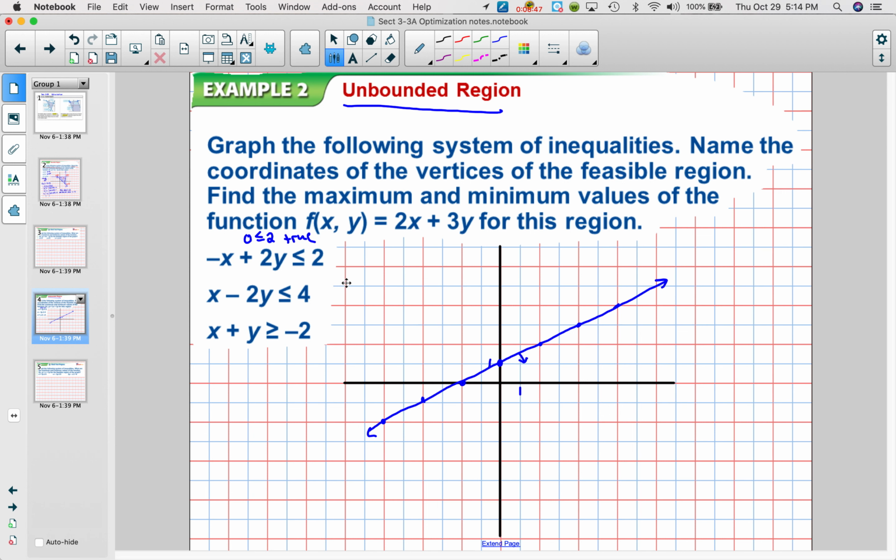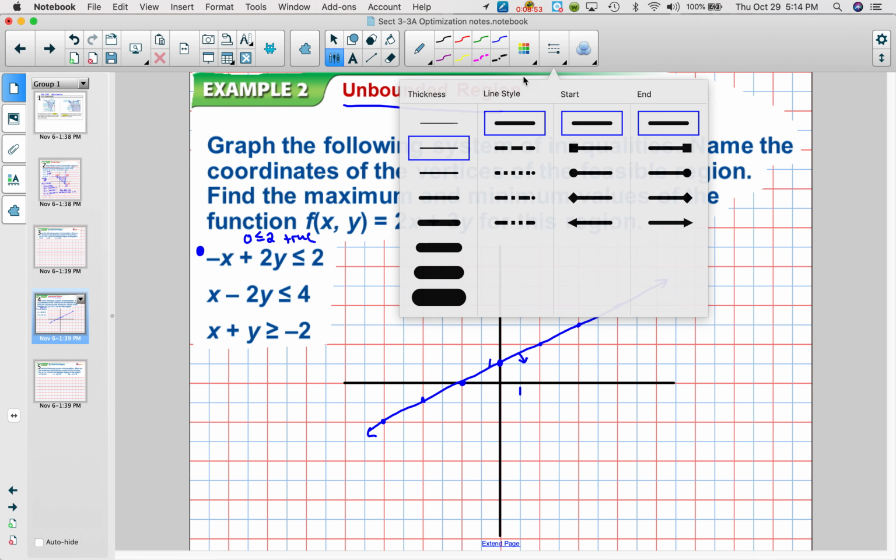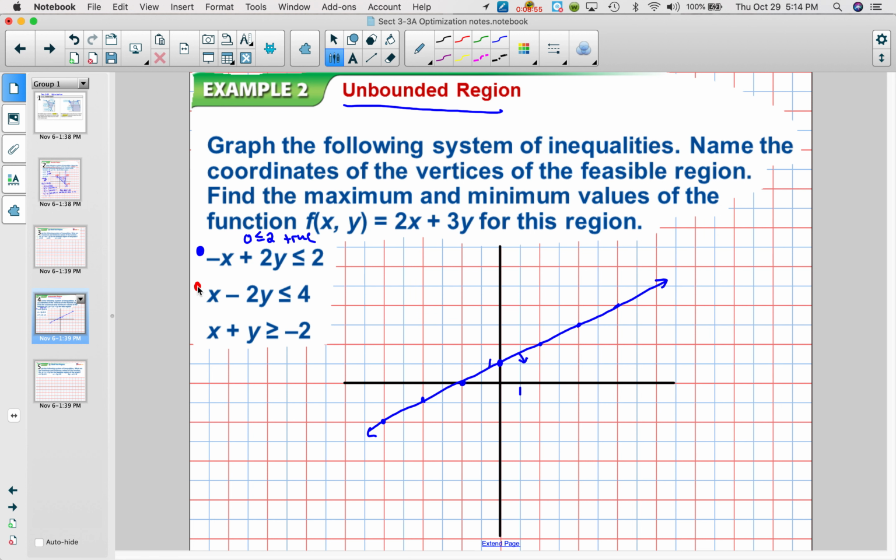Okay, for the next one, I think I'll use different colors for you, so when you look back, you can see which one's which. So if I let x equal 0, then I'm going to get y equals negative 2. And if y equals 0, I get x equals 4. Actually the slope is positive 1/2 again.